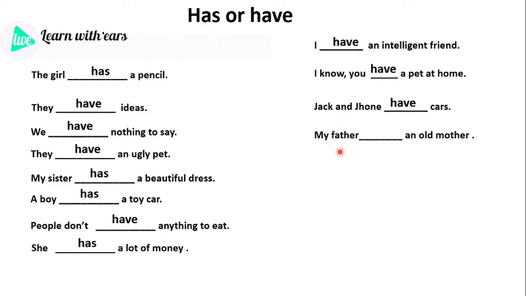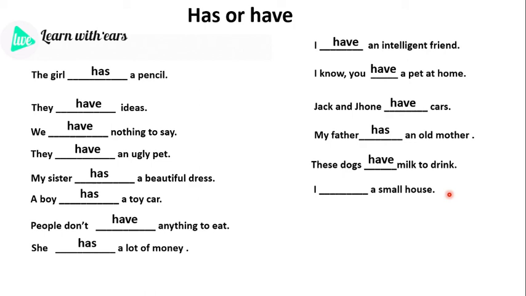My father is singular, single person, of course. So we use has. My father has an old mother. These dogs, milk to drink. Dogs, plural, many. So we use have. These dogs have milk to drink.